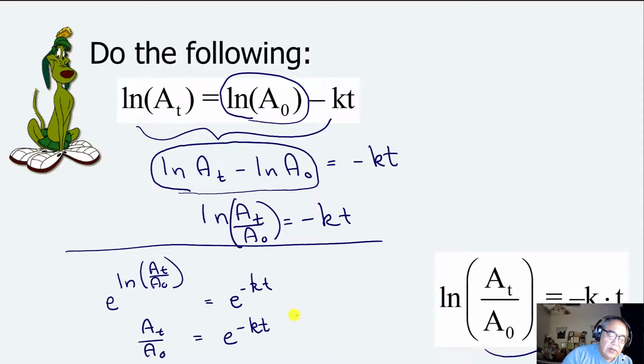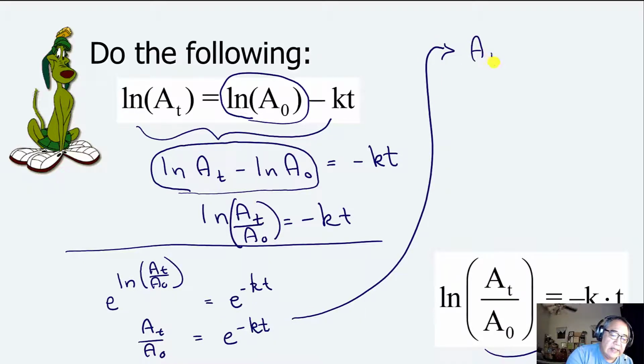Now, the form of the equation that people like to have handy is this one. At is equal to A0 e to the minus kt. What's handy about this equation is that this is actually the equation that you would use to predict the concentration at some time later.